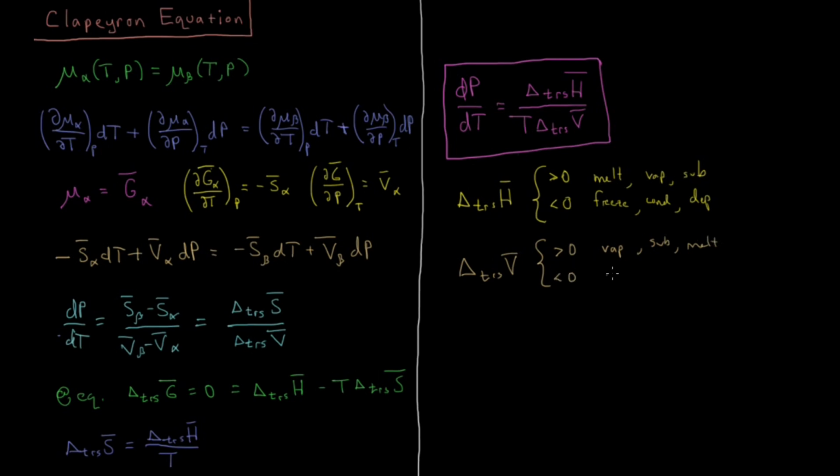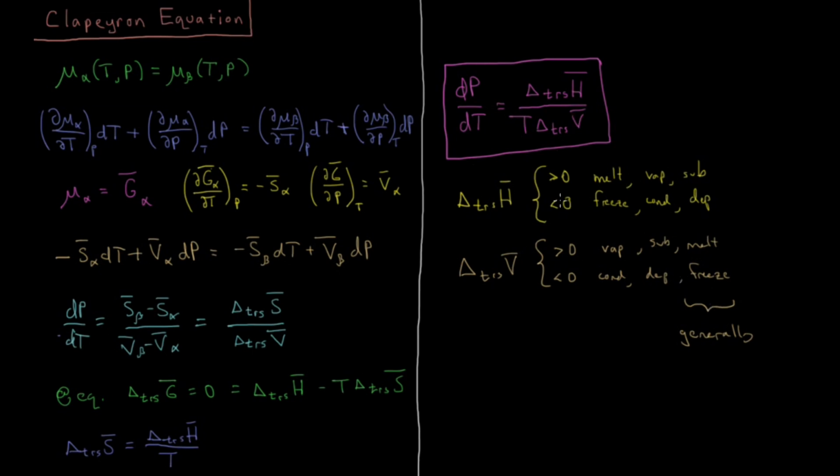And it is generally going to be less than 0 for condensation, for deposition, and for freezing. So again, we have to note the exception that sometimes this is reversed. For substances like water, it's greater than 0 for freezing and it's less than 0 for melting. So this is generally the case, but sometimes the reverse.